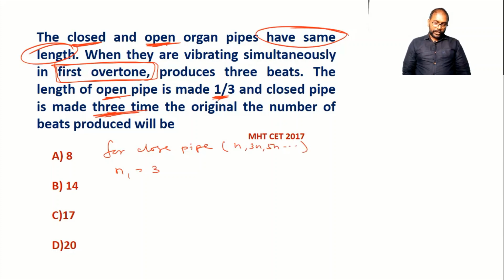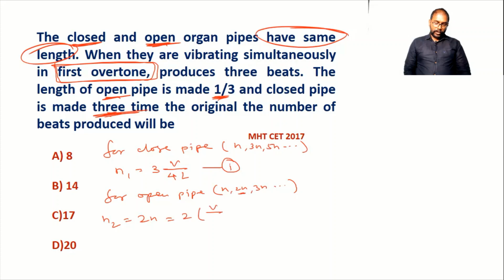So 3 into the fundamental frequency, means 3 times V upon 4L. So this is equation 1. So for the open pipe, it vibrates n, 2n, 3n, and so on. So the first overtone is 2n. So n2 is 2n, means it is 2 times V upon 2L. So this is equation number 2.